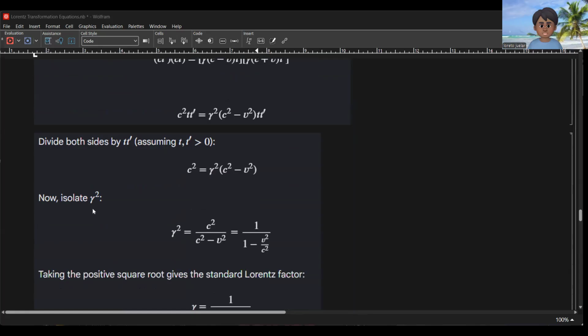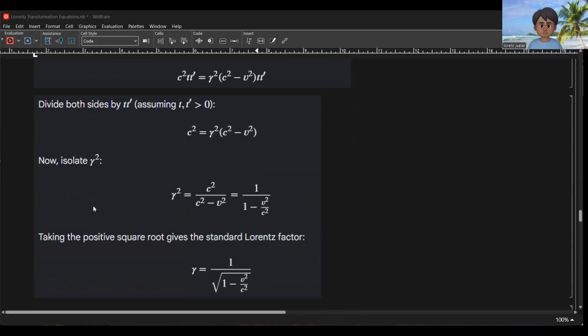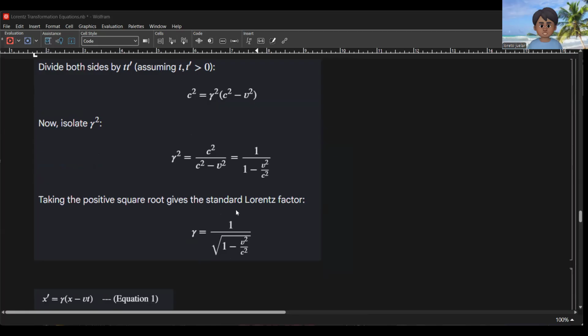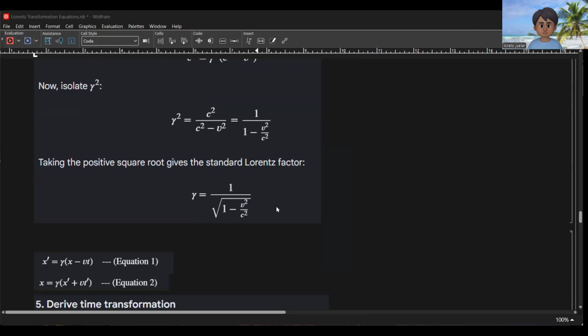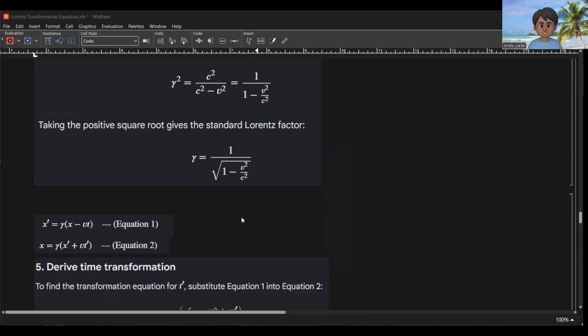So now isolate the Lorentz factor here. And taking the positive square root gives the standard Lorentz factor. So this is now the standard Lorentz factor.